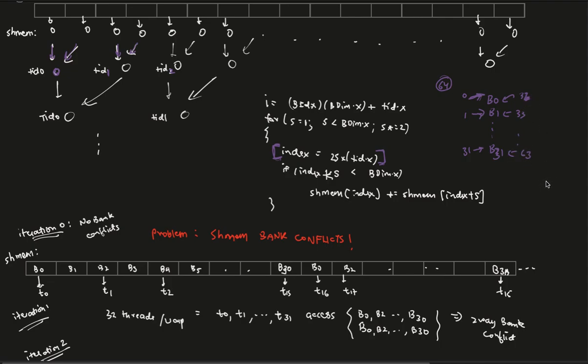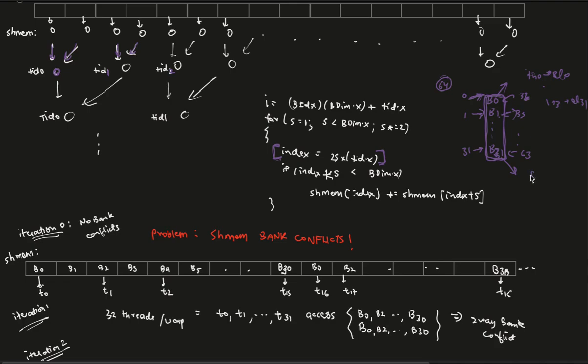So let's say we have a warp where thread 0 accesses element 0, thread 1 element 1, and thread 31 element 31. In just one read from shared memory, we can read all of these, since we can read values from these separate banks in parallel.